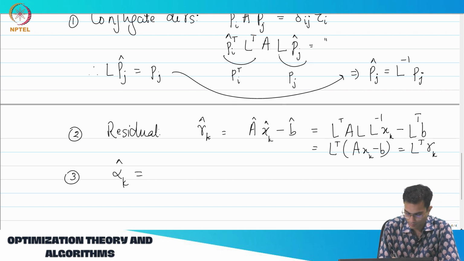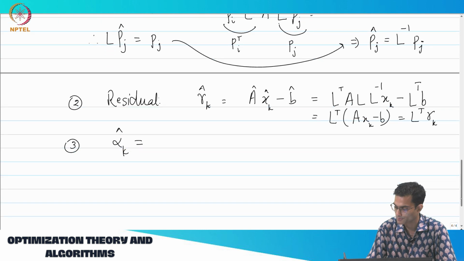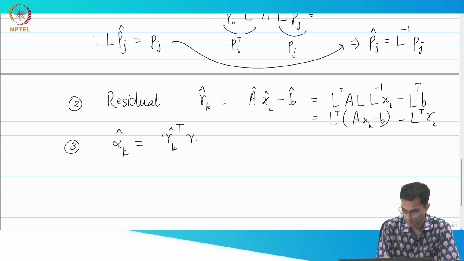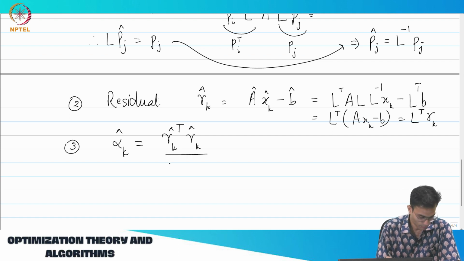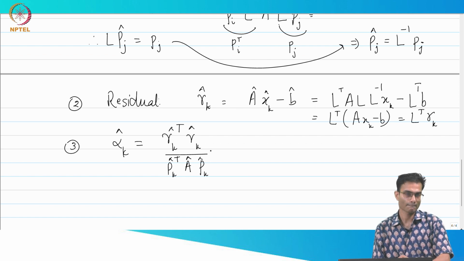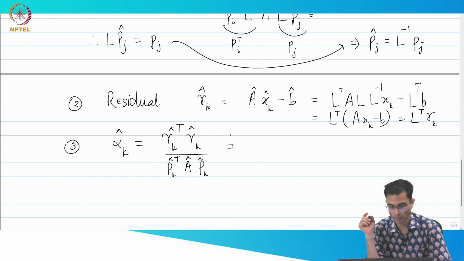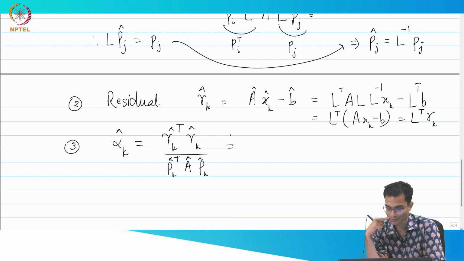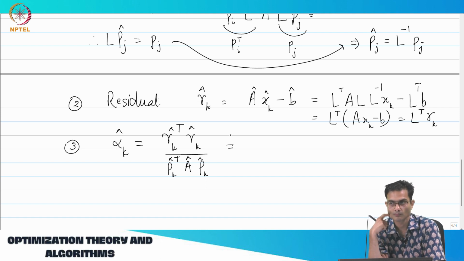What about alpha k hat? We had a simplified expression for alpha that we had derived, which was this. Now we already know p hats and r hats in terms of the old guys. So rk hat transpose rk hat, what would that simplify to? Can I write it in terms of the old r?